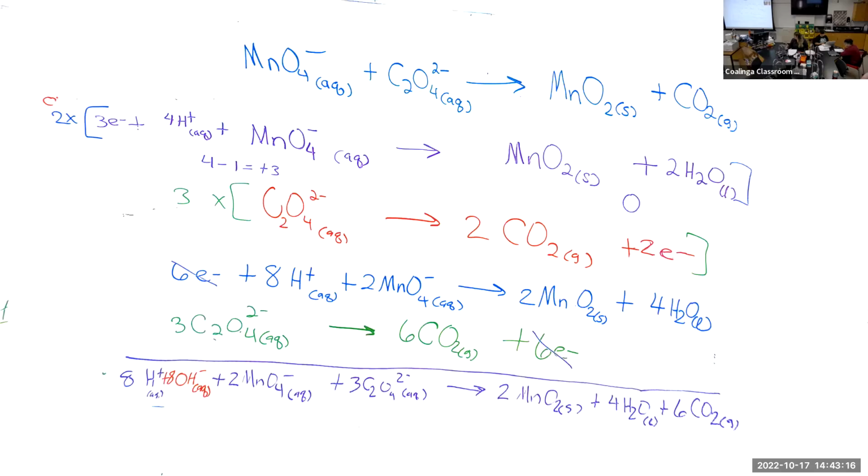If we have extra H plus, it's going to be acidic. If we have extra OHs, it's going to be basic. So we're going to add OHs to both sides of the equation to make it more basic.